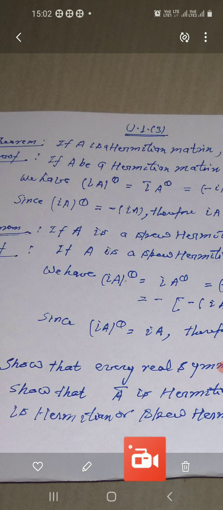This is the proof, and you have to keep in your mind only the theorem.